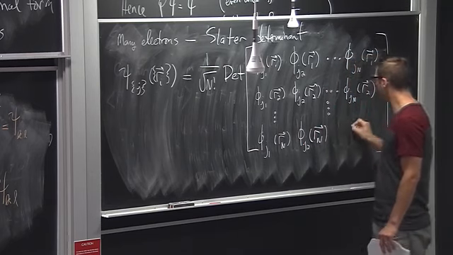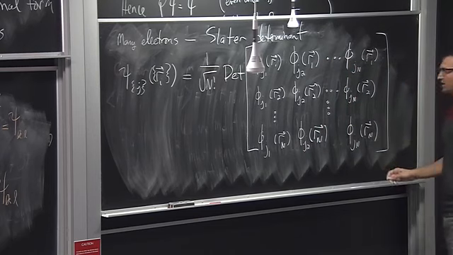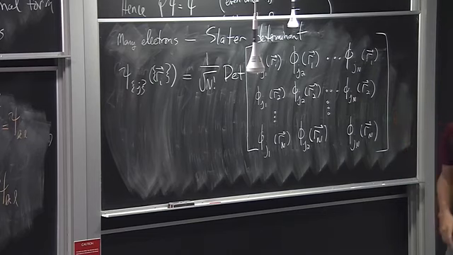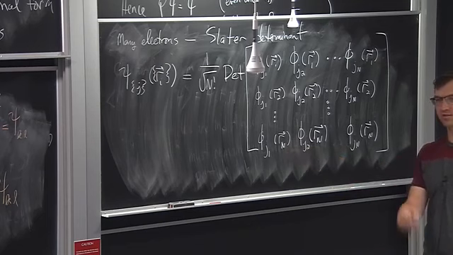If you put n equal to 2 and write out that 2-electron state, you'll get that antisymmetric wave function there.